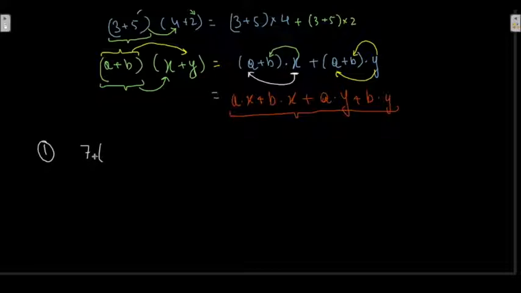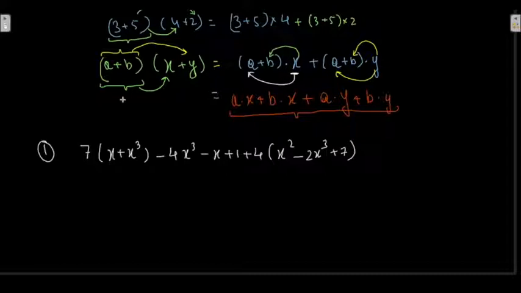When there is no operator or sign, it means it's a multiplication sign. x plus x raised to power 3 minus 4x raised to power 3 minus x plus 1 plus 4 into x raised to power 2 minus 2x raised to power 3 plus 7.